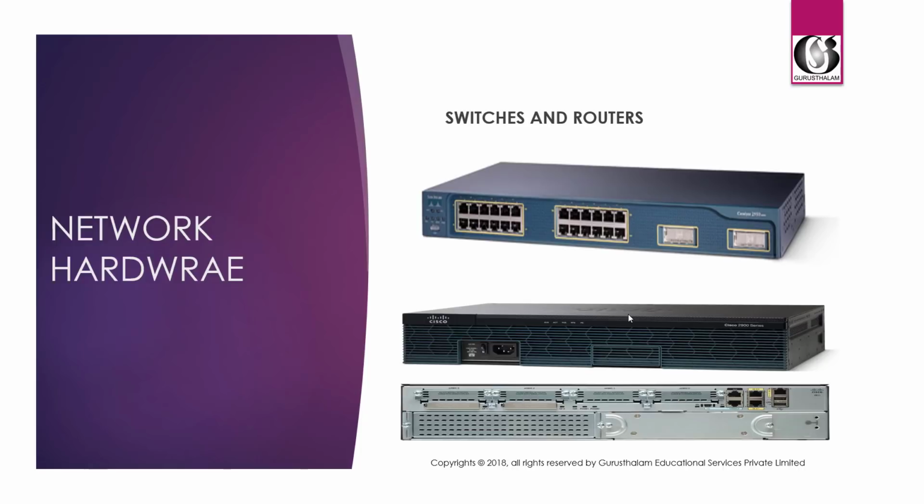Routers can be as small as something we use at home or at a small business, or as big as the routers used by internet providers like Reliance Infocomm, AT&T, Bharti Airtel, Vodafone, that handle a lot of traffic.